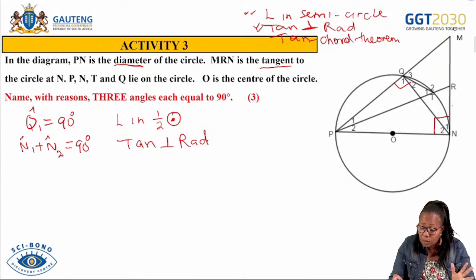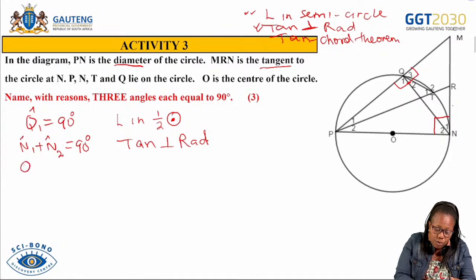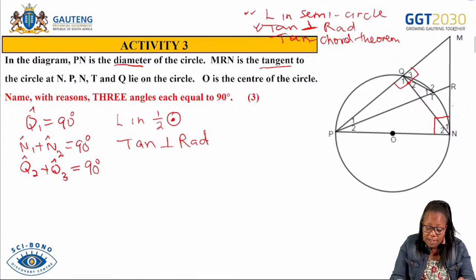Then we check, do we have any straight line next to the 90? Yes, we do have Q3 plus Q2. Can you see that? This will form another 90 there because they are angles on a straight line. Therefore, Q2 plus Q3 will also give us the third angle, which is equal to 90 degrees.